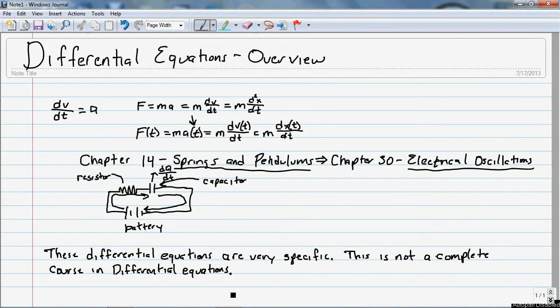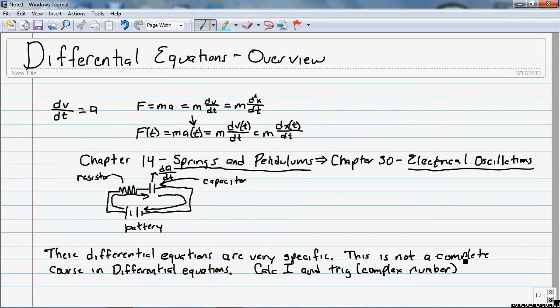And really, to solve these, you need Calc 1, believe it or not, and Trig with a little bit of complex numbers. You can do it without, but complex numbers really help you out, make things a little bit simpler.